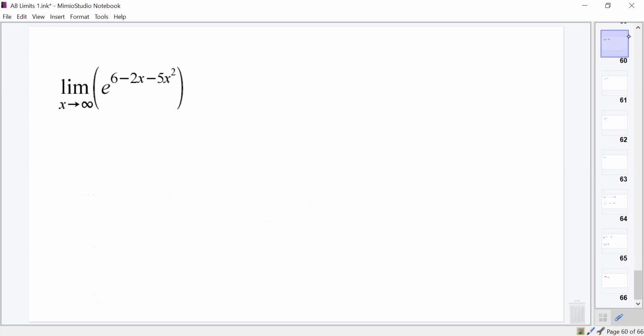Can we just look mainly at the highest degree, because that's going to have the most impact as we approach infinity? That's exactly what we're going to do. We're going to look at this whole thing, but we're really only going to be concerned about just this piece of it. So let's let u equal 6 minus 2x minus 5x squared, because then it's going to turn into e to the u, right?